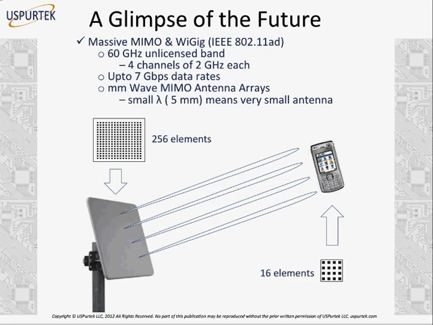In addition to this, you could also have base stations in a smaller form factor, such as the size of a pizza box, that could pack 256 or more antenna elements. So just think about what all new applications could come out of having massive MIMO.